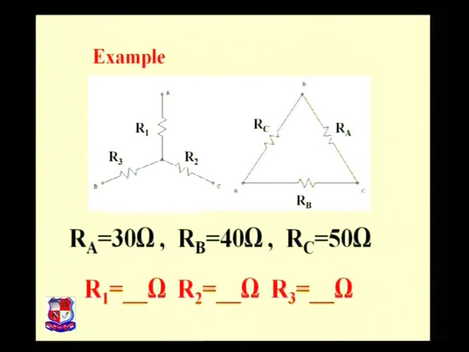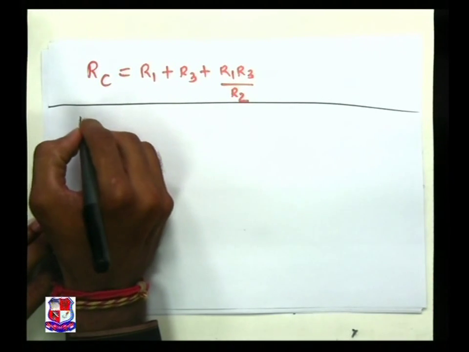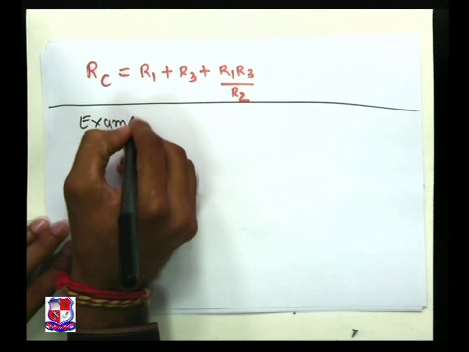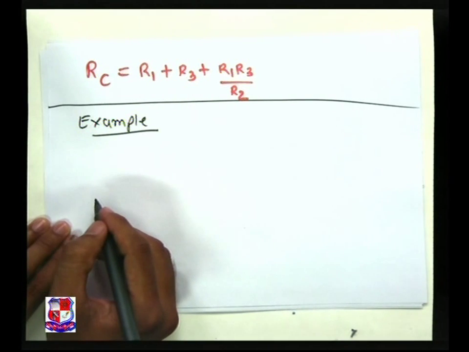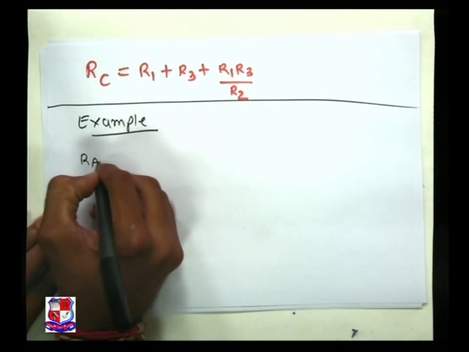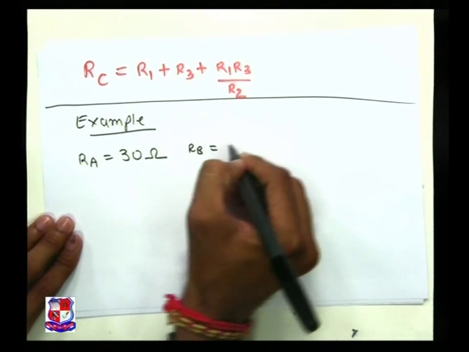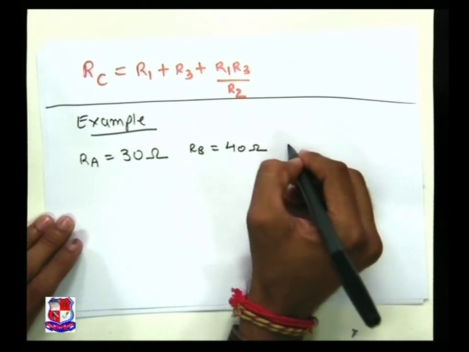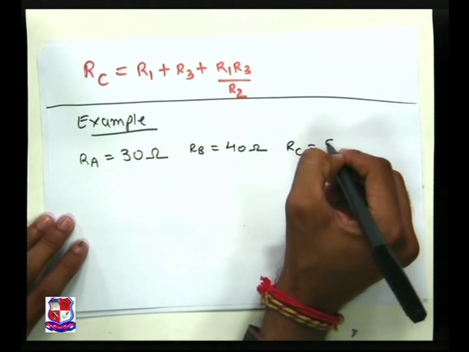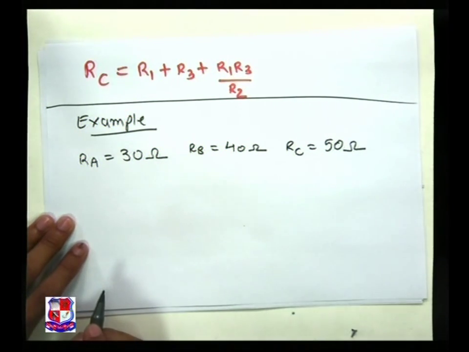Write down the first equation. In the example, we are given RA equal to 30 ohm, RB equal to 40 ohm and RC equal to 50 ohm.